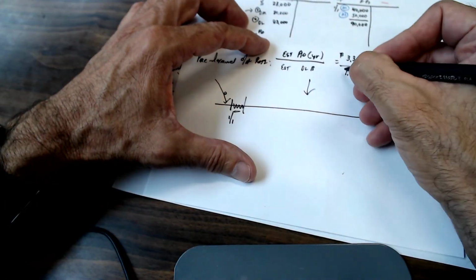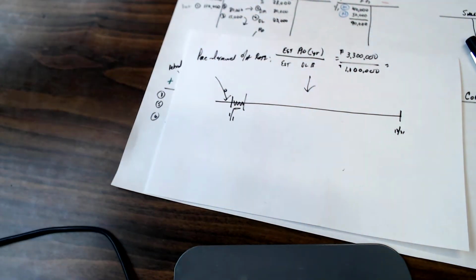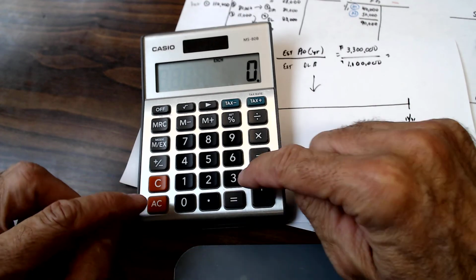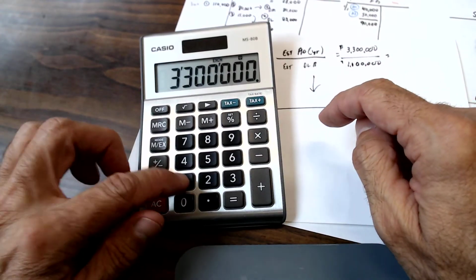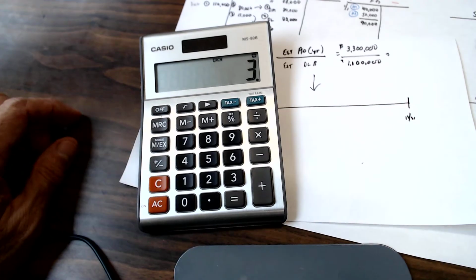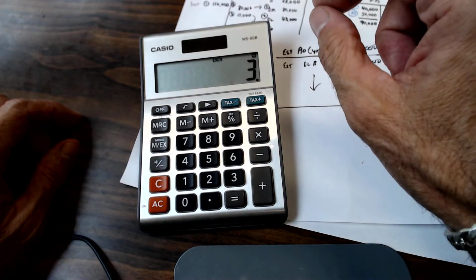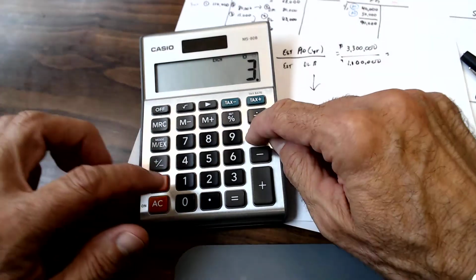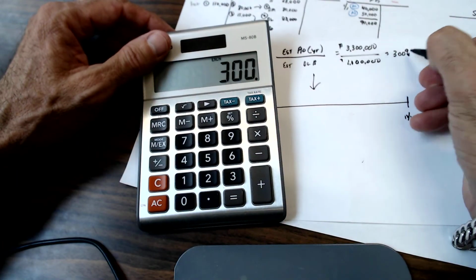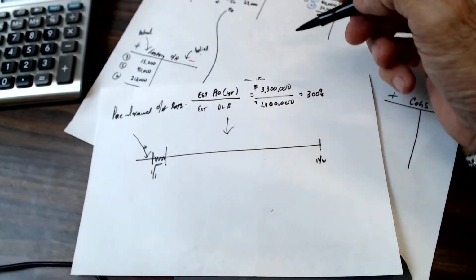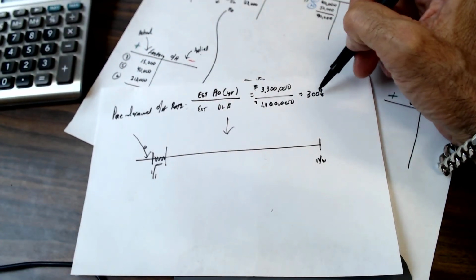So if you do the math on this, and here I'll even do it for you. 3.3 divided by 1.1 equals 3. Then you need to move the decimal place 2 places to the right, so multiply it times 100. Oh, 300%. Now step back. 300%. 3 times as much.